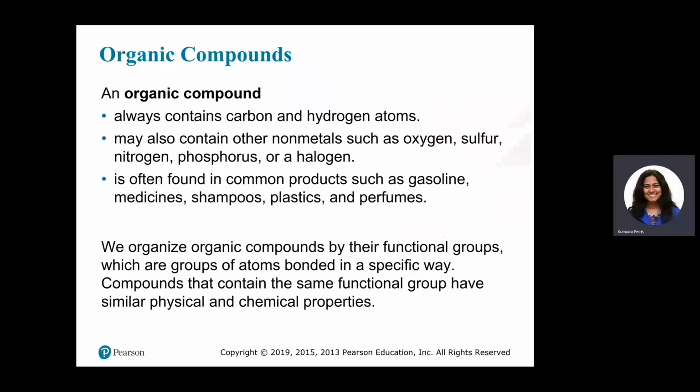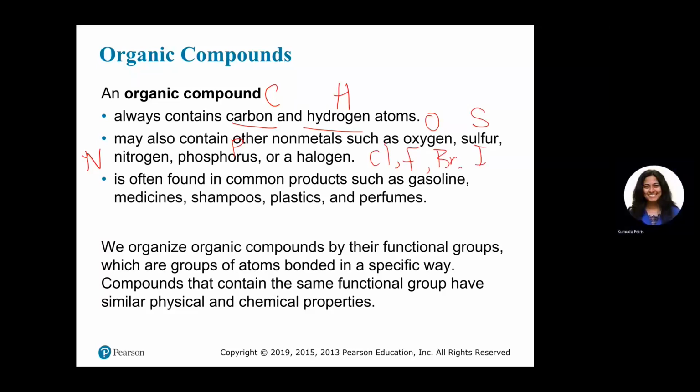And these organic compounds mainly contain carbon and hydrogen atoms. But they may also contain other nonmetals such as oxygen, sulfur, nitrogen, phosphorus, or any halogen like chlorine, fluorine, bromine, or iodine.